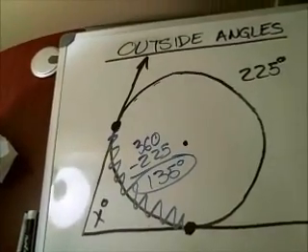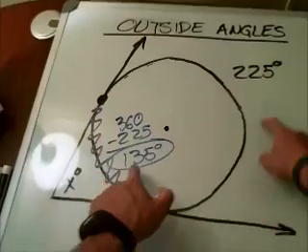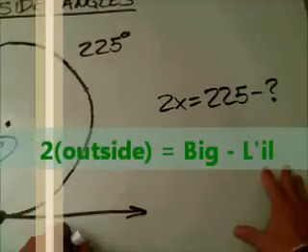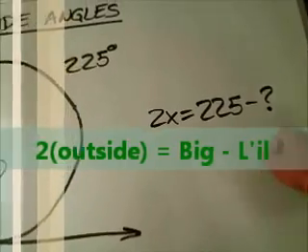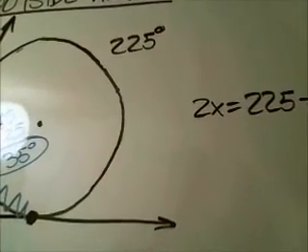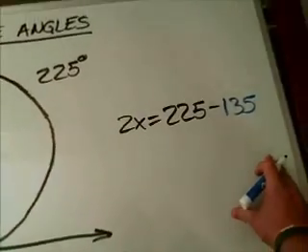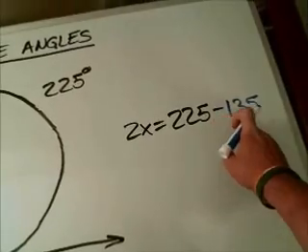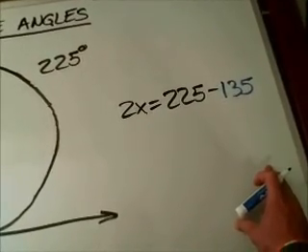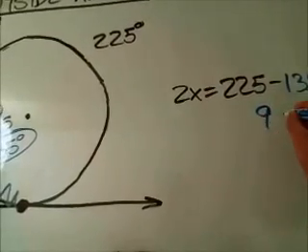So now it's time to come back over. 2 of my outside angles equals the difference between my big and my little arc. Well, now I can solve this. 225 minus 135. How far apart are those? Well, here it's 90 degrees.